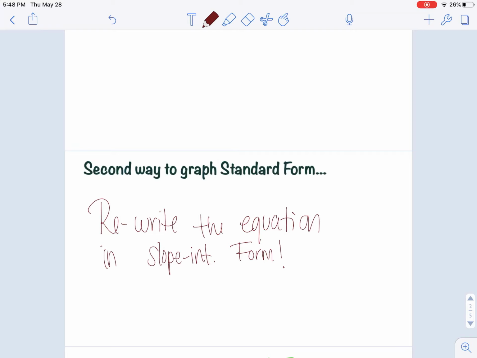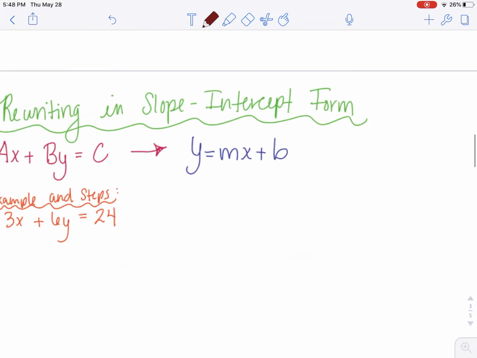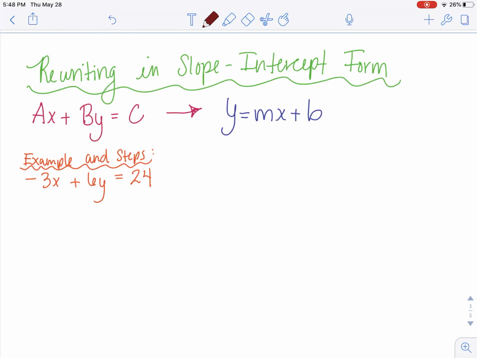Like we said, if I have a $500 budget and I need to buy different cups and plates, for the price per plate, the price per cup, for my total of $500, how many can I get of each. So things like that. But then when we want to graph it, it makes it easier if we can graph it in slope-intercept form. So what we do is we rewrite the equation.